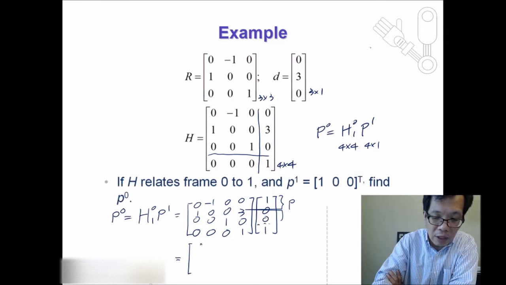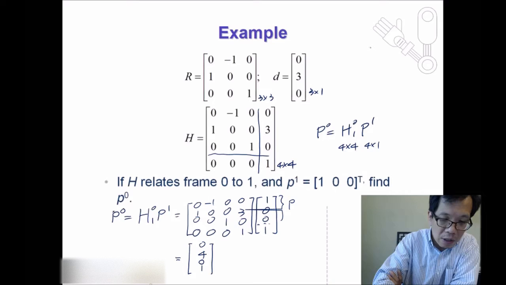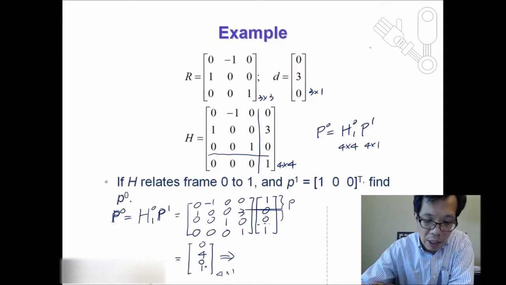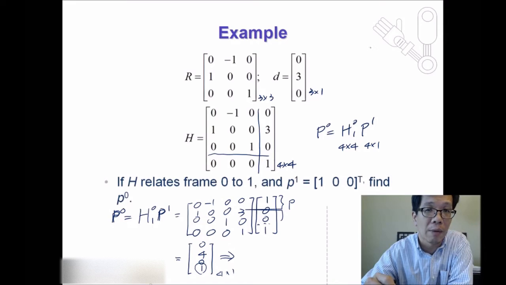you're going to find the answer is going to be 0, 4, 0, 1. This is a big P. This is also a big P. You might find this one is also 4 by 1, so it means that the fourth component is not part of the three-dimensional position.